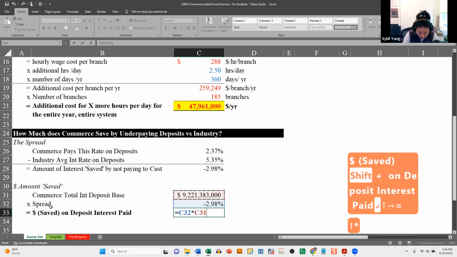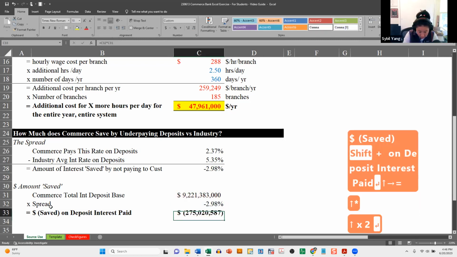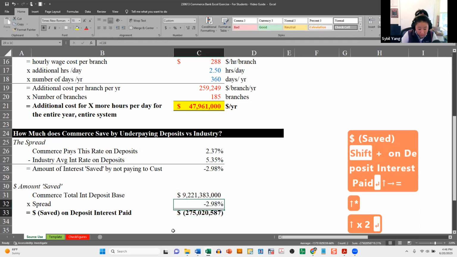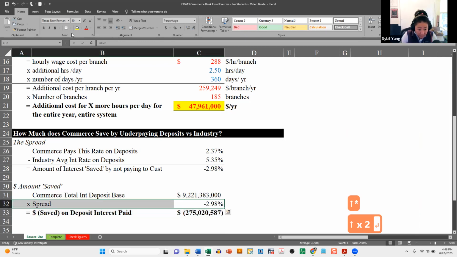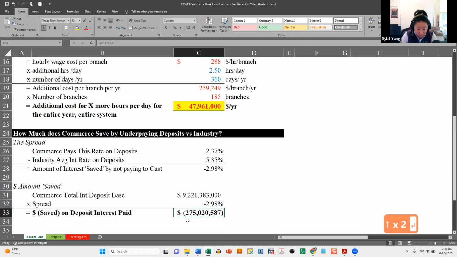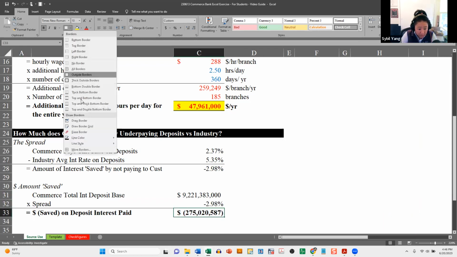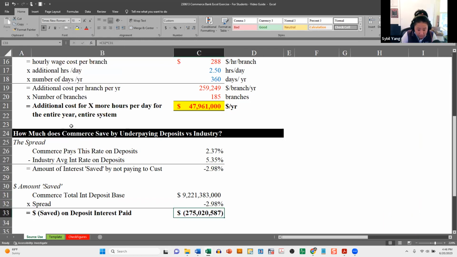Equals. Okay. And that is how much Commerce saves by not paying out what the industry pays for deposits. Okay. Which is quite a bit. I'm going to make all of these in red. Okay.